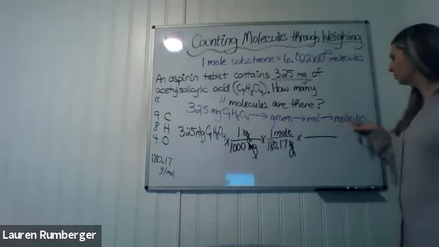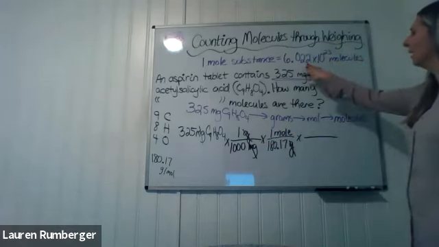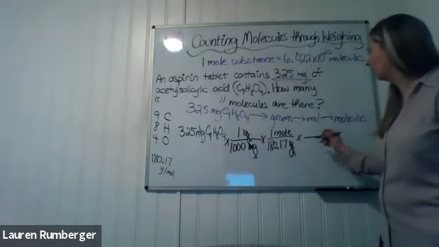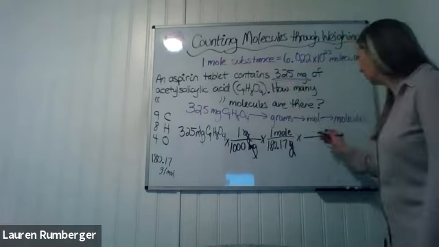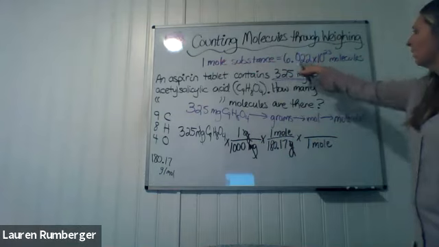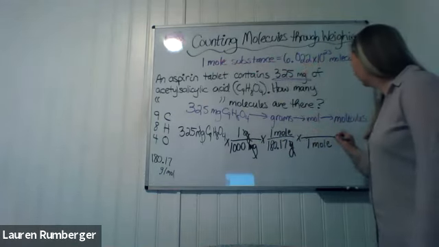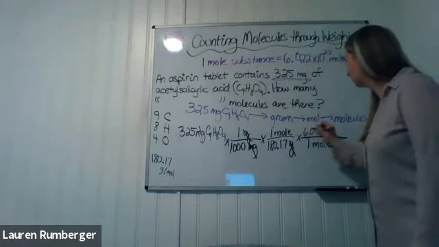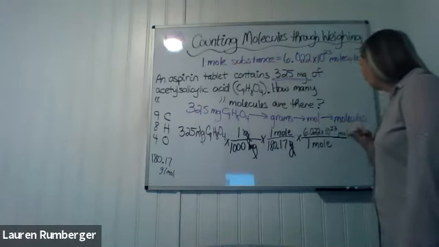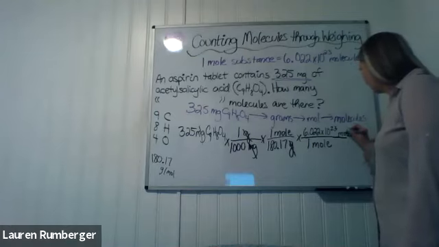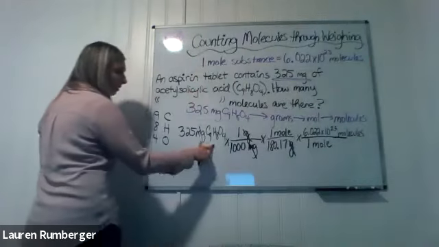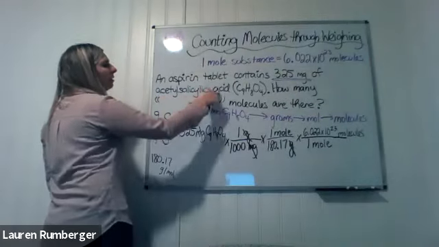From moles to molecules, we apply Avogadro's number. So we put 1 mole on the bottom, and then we put Avogadro's number on top, 6.022 times 10 to the 23rd molecules. And all this is of our active ingredient, acetylsalicylic acid.